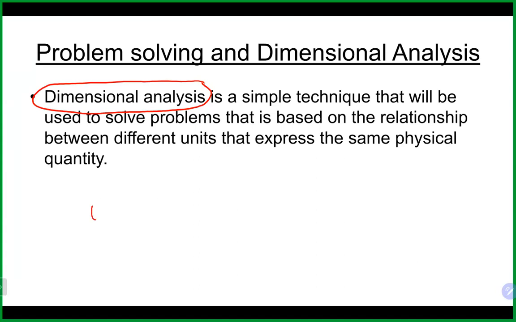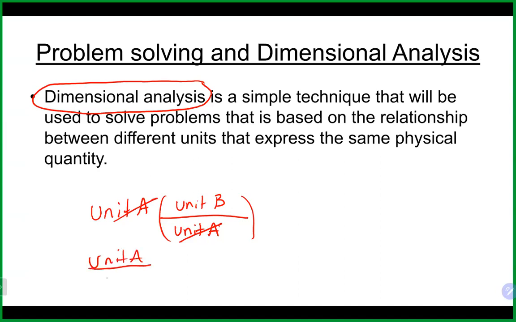You have a certain unit you do not want. You use a conversion factor where you put that unit you don't want on the bottom, and the unit that you are looking for goes up on top. Then you divide those out from each other, and that will leave you the unit that you want on top.